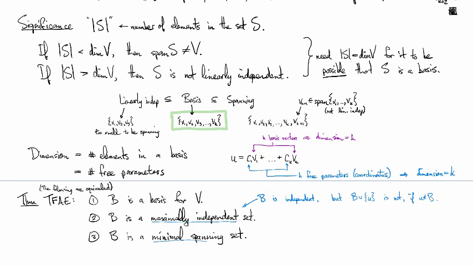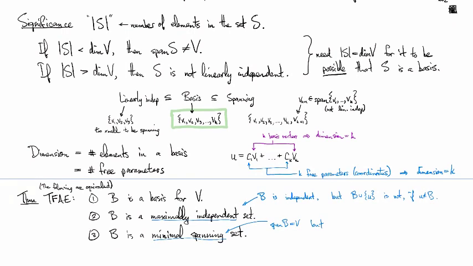And minimal spanning set means that B is a spanning set, but if I take anything out, so if I take some element u from B and I remove it, then I get something that's no longer spanning.